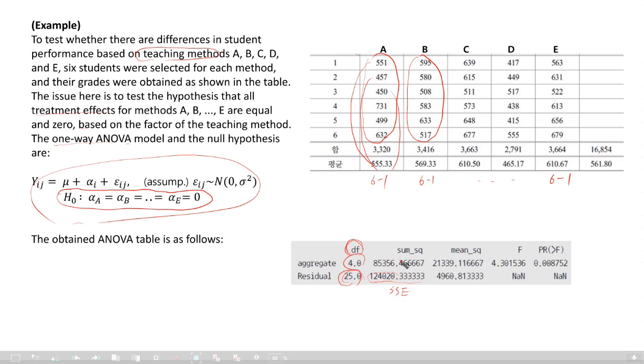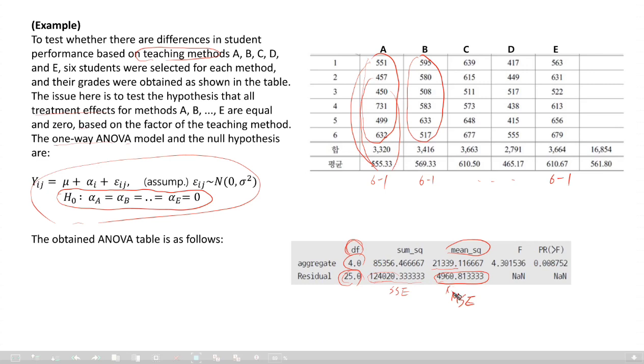Each sum of squares divided by its degrees of freedom is the mean square. 85356 divided by 4 is 21,339. And 124,020 divided by 25 is 4,960. What is this? MSE.